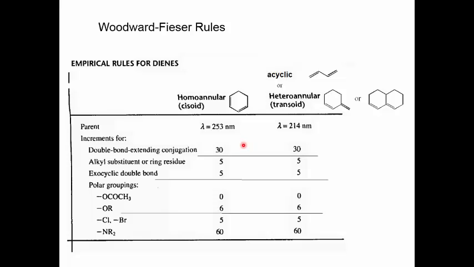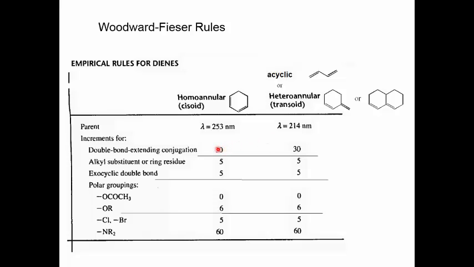Now, for every carbon-carbon double bond that's added to the starting system that's in conjugation with the 2 conjugated double bonds, one adds a value of 30 nanometers to the starting value. That's for both the homoannular and the heteroannular system.